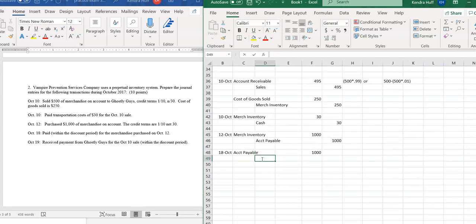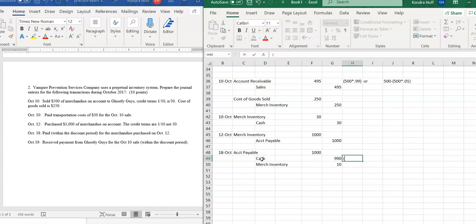All right, then our cash, well, I'll do the cash. Our cash is going to be 99% of that we have to pay out. And then the $10, the 1% discount, comes out of merchandise inventory because I didn't actually have to pay that for my inventory.